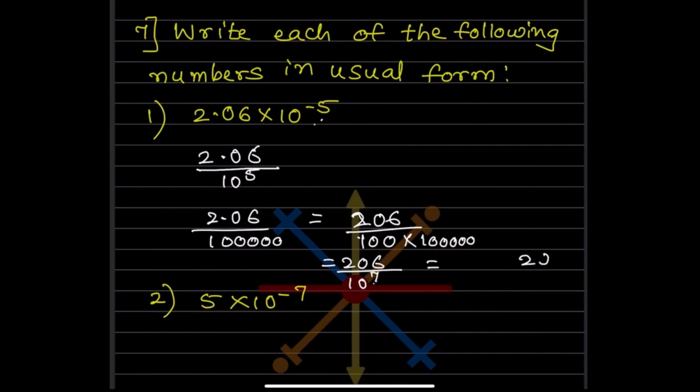You will write 206, and now divided by this means you will go backwards. Including this number, you will go 1, 2, 3, and you are going to put four zeros, 1, 2, 3, 4, and then the decimal over here. Sorry for that. Now you will count 1, 2, 3, 4, 5, 6, 7. So this is the final answer.